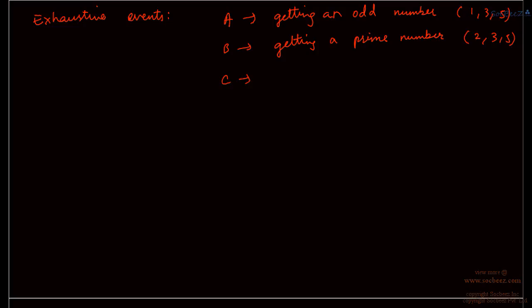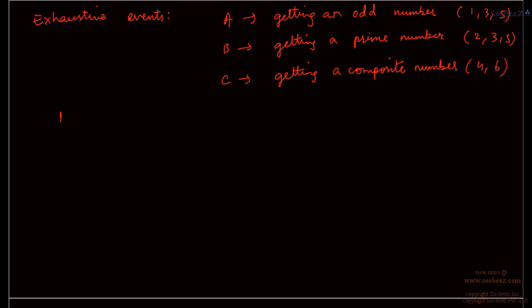Now suppose I say C is getting a composite number, right? The composite numbers here are just 4 and 6. So you see that now all of the outcomes are covered under at least one of these events.